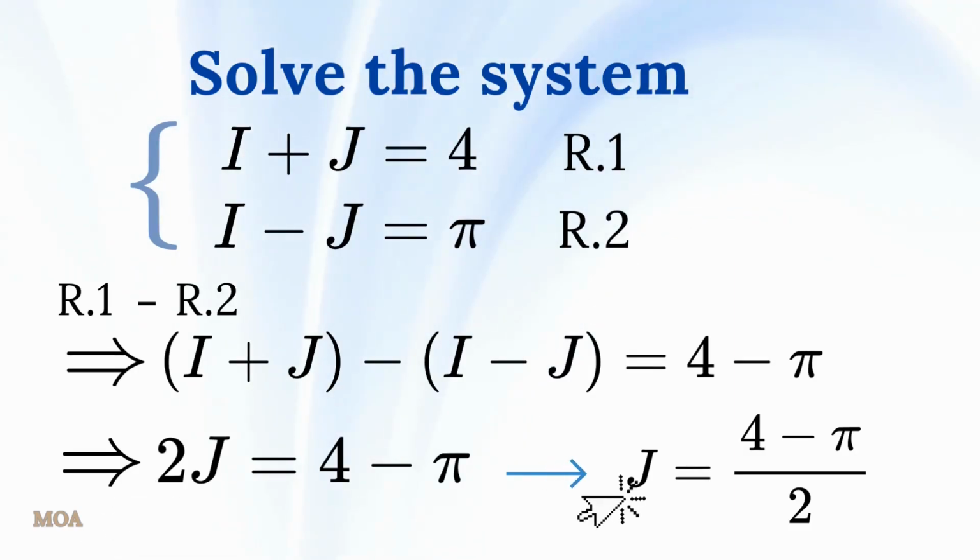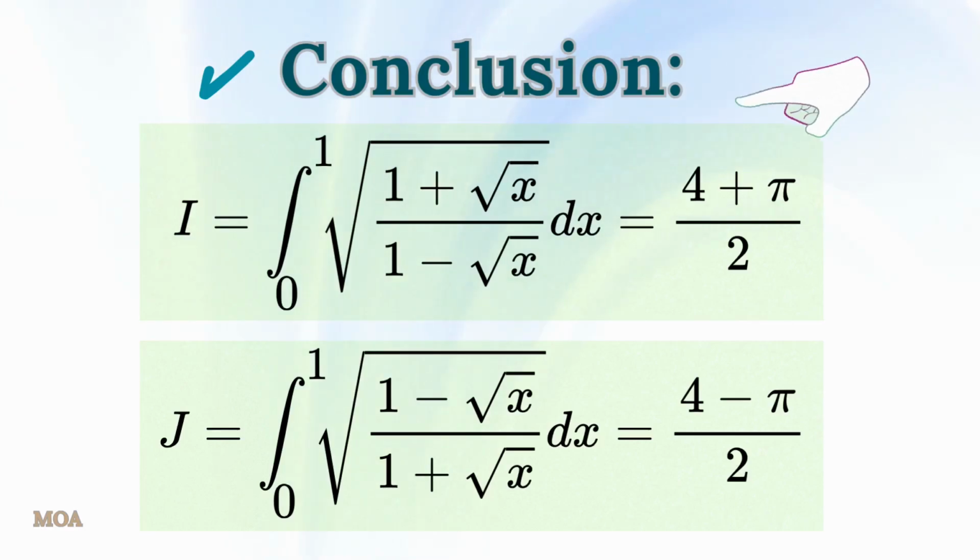Therefore, J equals the quantity 4 minus pi divided by 2. In conclusion, the exact value of integral I equals the quantity 4 plus pi divided by 2. Likewise, the exact value of integral J equals the quantity 4 minus pi divided by 2.